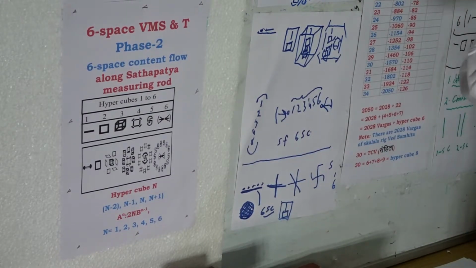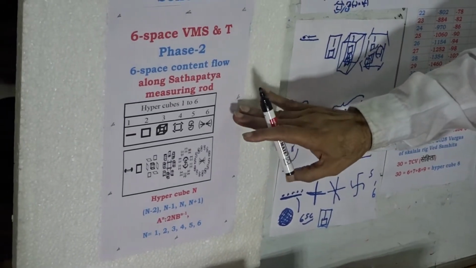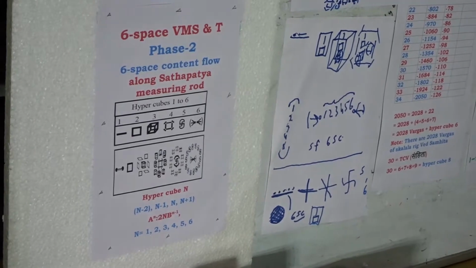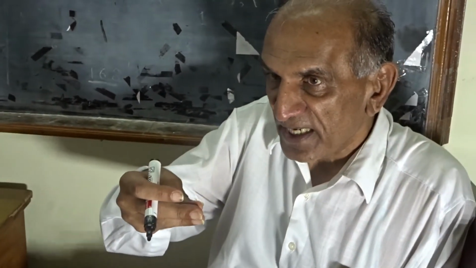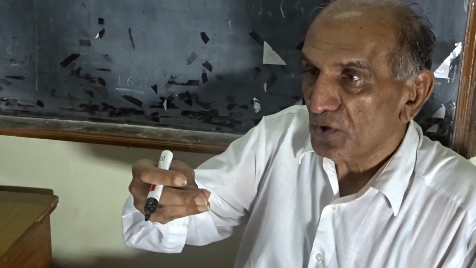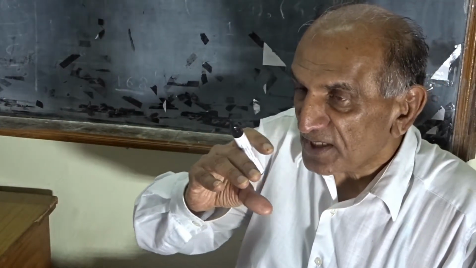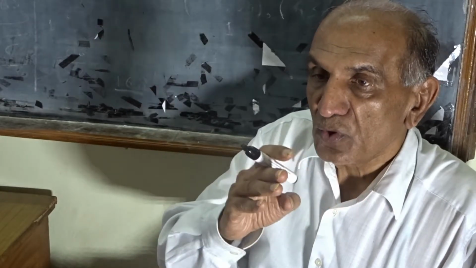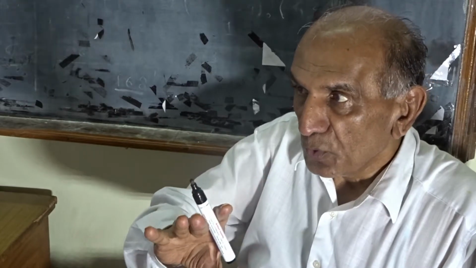One may further have a pause here and take note that the Shad Chakras, the 6 eternal circuits of the human body, are having the external characteristics as 2, 4, 6, 8, 10 and 12. These external characteristics 2, 4, 6, 8, 10, 12 are parallel to the boundary components of hypercubes 1 to 6.